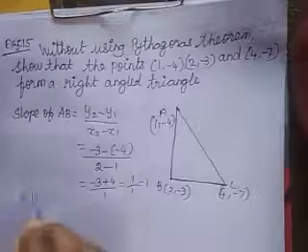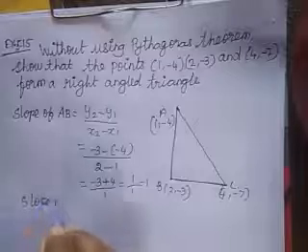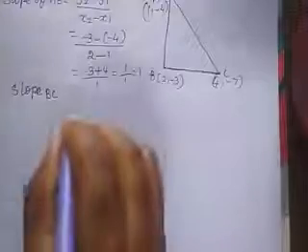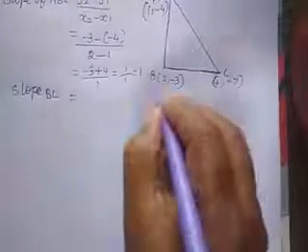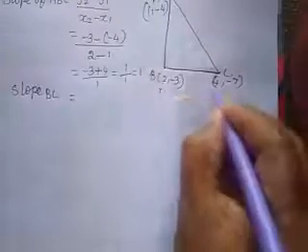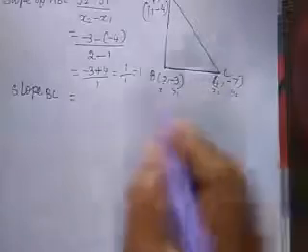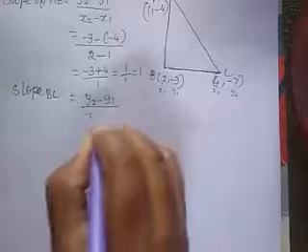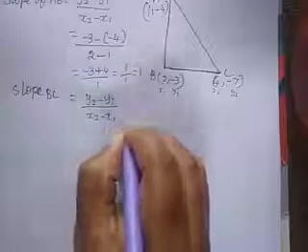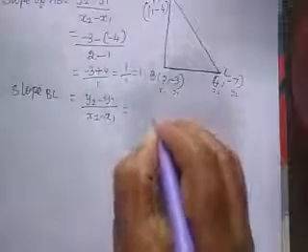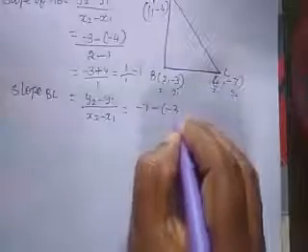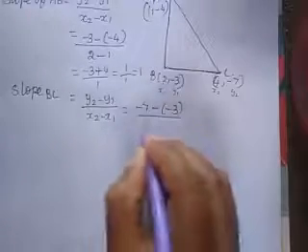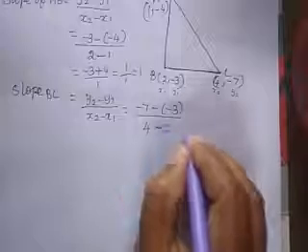Next, slope of BC. This is x1, y1, x2, y2. Here also (y2 minus y1) by (x2 minus x1). y2 is minus 7, y1 is minus of minus 3, by x2 is 4, x1 is 2.